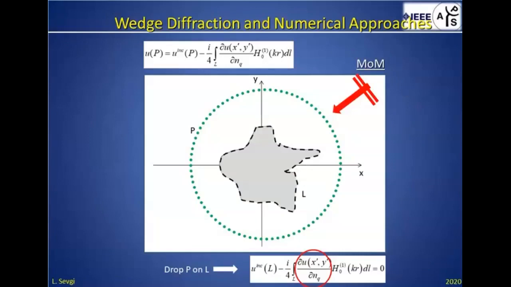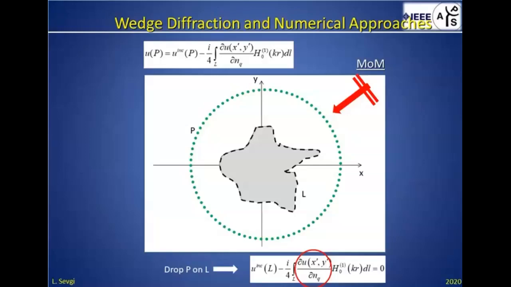Inside the integral, you have surface currents induced on this object. So if you drop the point P onto the object, as in the bottom equation, and if you divide the object into small pieces where the surface induced current is assumed constant.